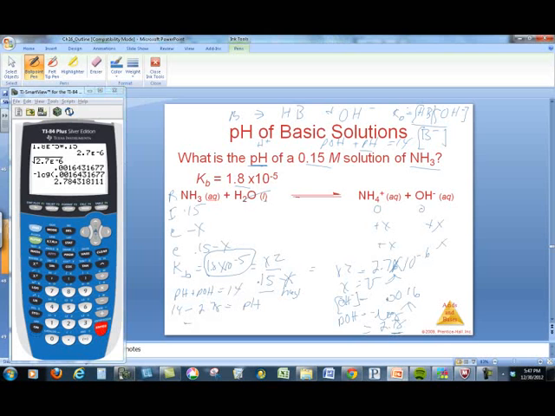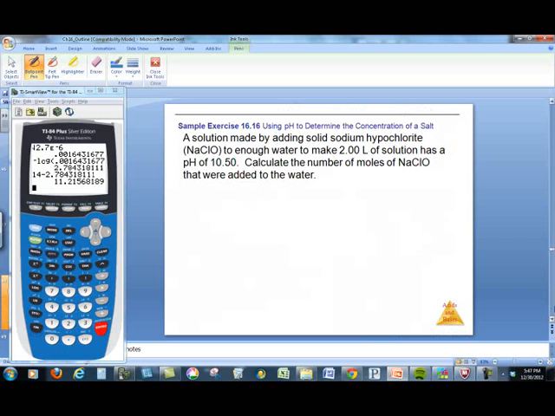So 14 minus that number is equal to 11.22. Let me see, 2 sig figs, so I want to have 2 places after the decimal, 11.22. Just make sure I did that one right. Yep.